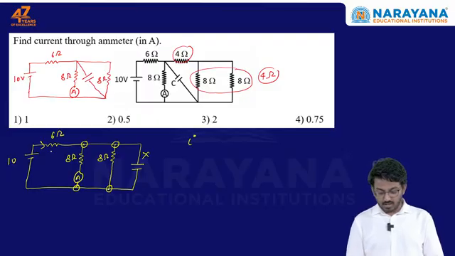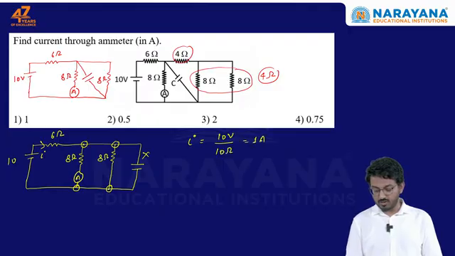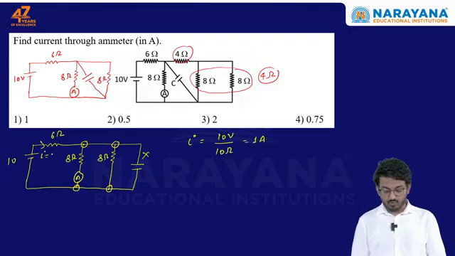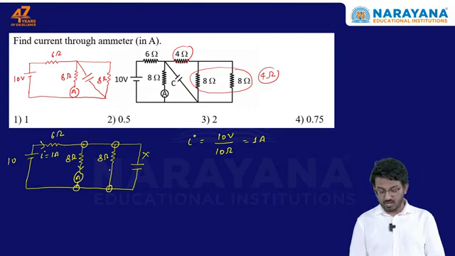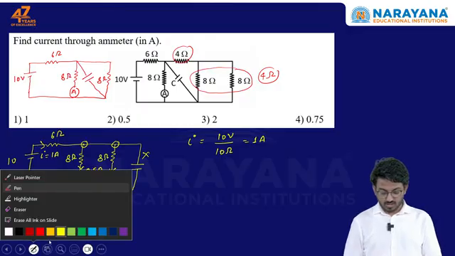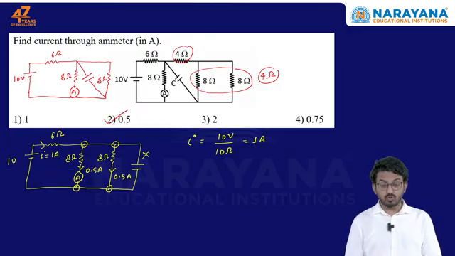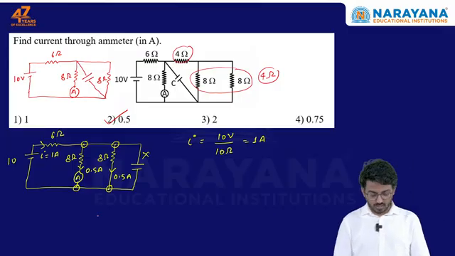So current I here comes out to be 10 volt divided by equivalent resistance, which is 6 plus 4, 10 ohm, giving us 1 ampere here. So current I is equal to 1 ampere, and because the two resistors are equal, the current will divide equally here. So current here is going to be 0.5 ampere, and here also 0.5 ampere, giving the correct answer as option 2 here. So I hope this is okay.